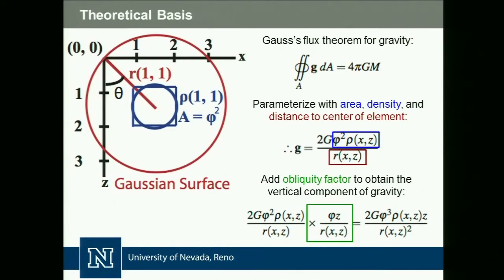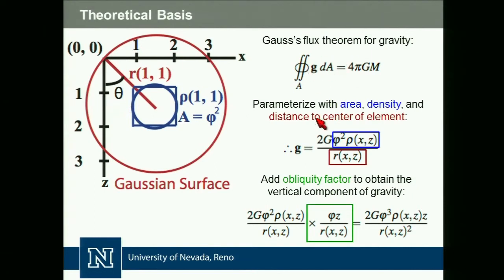For this talk, like I said, we're going to be looking at infinite cylinders, and this is the theoretical basis for that. If we take each of our square elements in our grid and turn them into a cylinder of equivalent area and density, then we create a Gaussian surface centered around that.